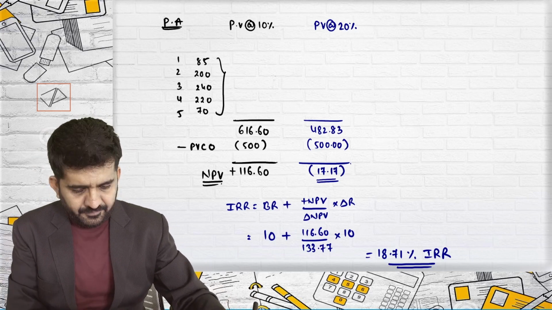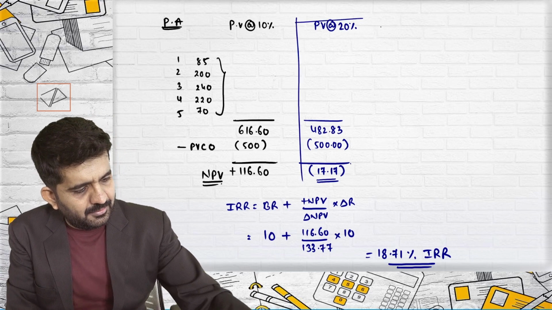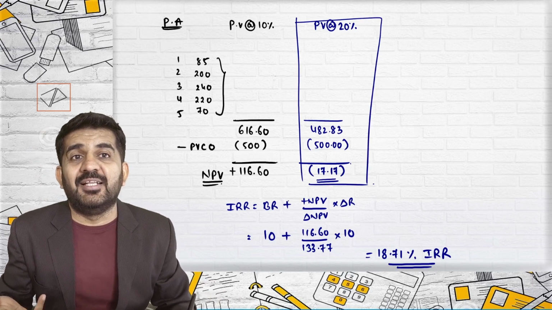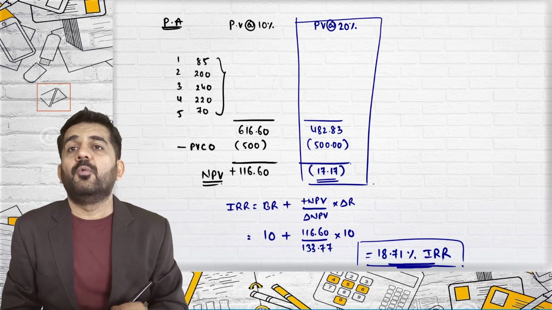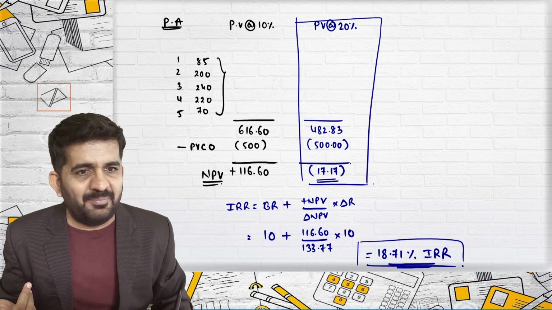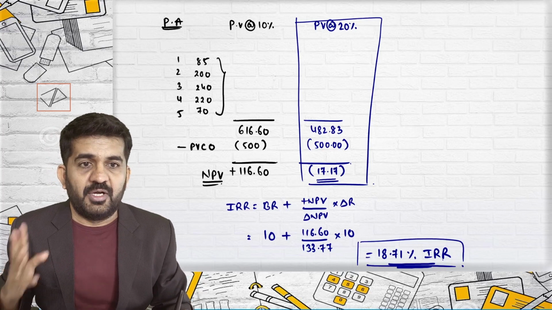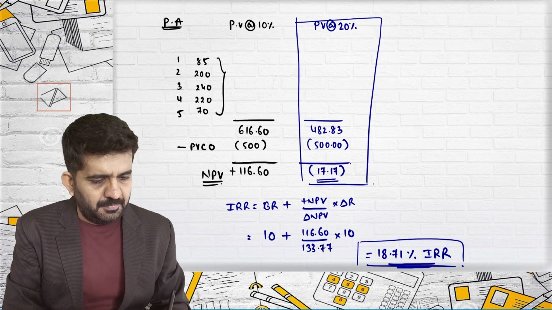This is trial and error just to find out IRR. It is not a portion of my answer. It is just to find out this figure, which is 18.71. So the project is earning more than 10%, but the project is earning 18.71%. You need to do a similar thing for project B.